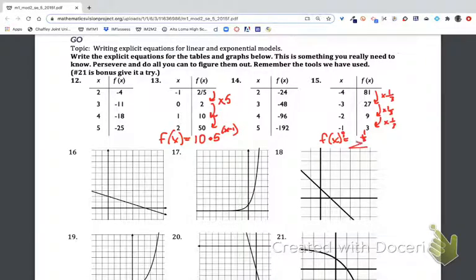So let's finish our table so that we have our first term. So keep dividing by 3. 3 divided by 3 is 1. 1 divided by 3 is 1/3. So my equation would be f of x equals my first term times 1/3 raised to the power of x minus 1.